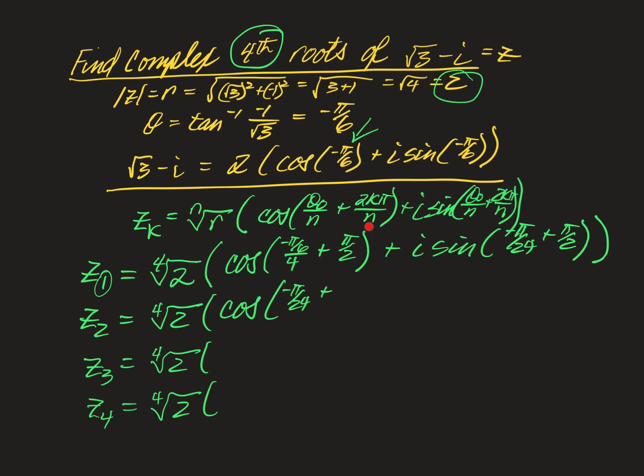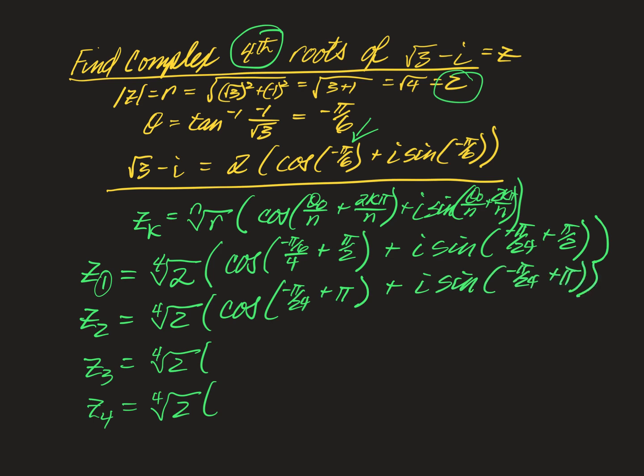So that'll be 4 pi over 4, which is just pi, all right? So plus pi, plus i sine of negative pi over 24 plus pi, okay?